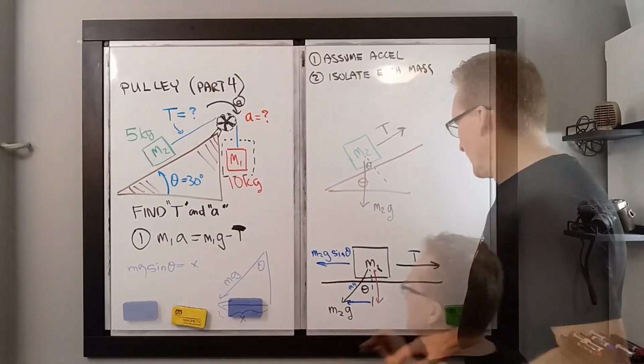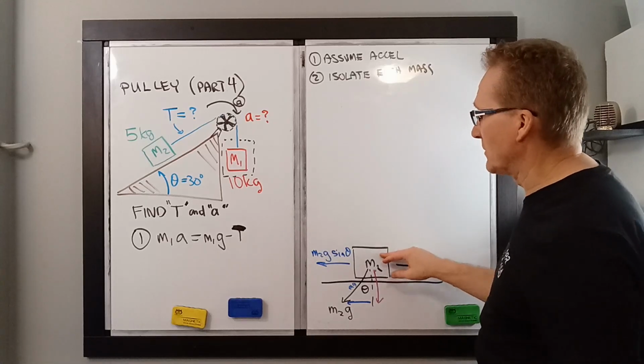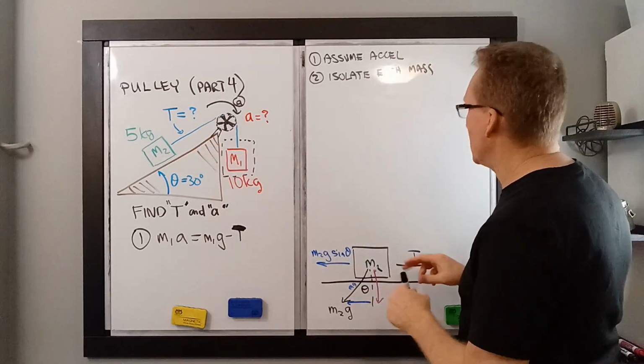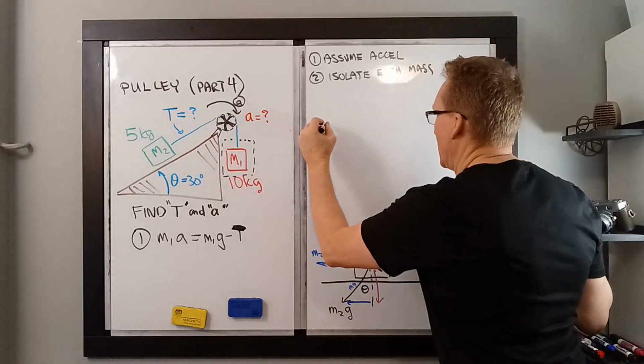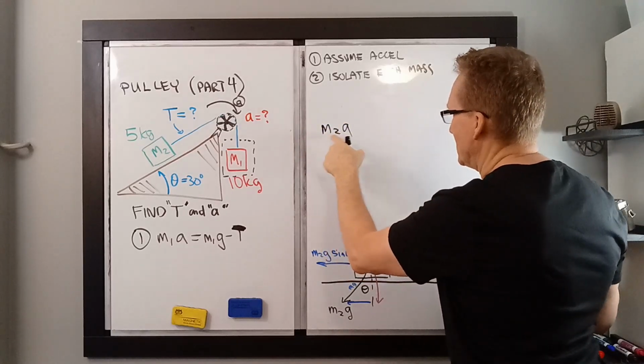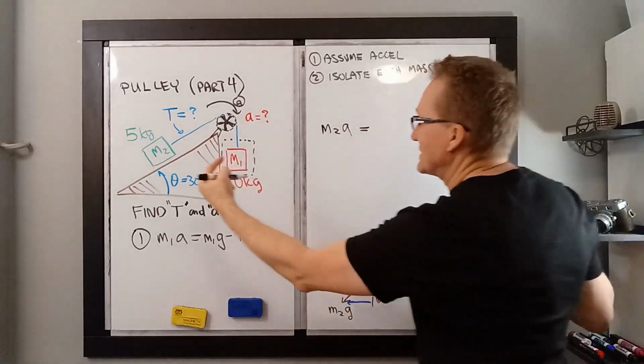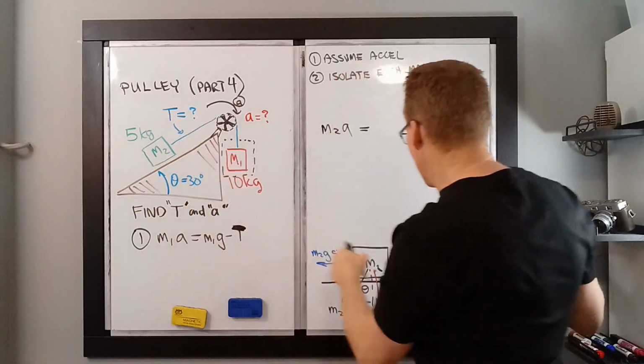a second equation here. I'm going to use my tiny little diagram down here to create an acceleration equation for m2. First of all, we have to use m2 times acceleration. That's the mass times the acceleration is going to be equal to what? We know it's accelerating this way, so the tension is the bigger force.